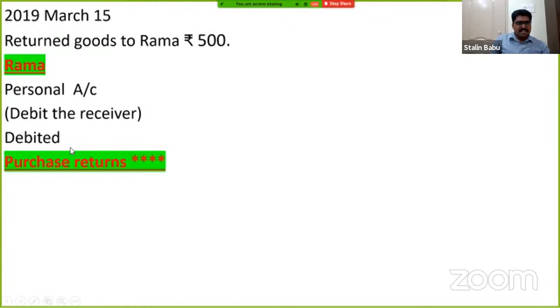Actually purchase is an expenditure, and as we are returning the goods, our expenditure is reducing, so we credit the purchase return account. Students, make a note here: purchase account is always debit, purchase return account is always credit.